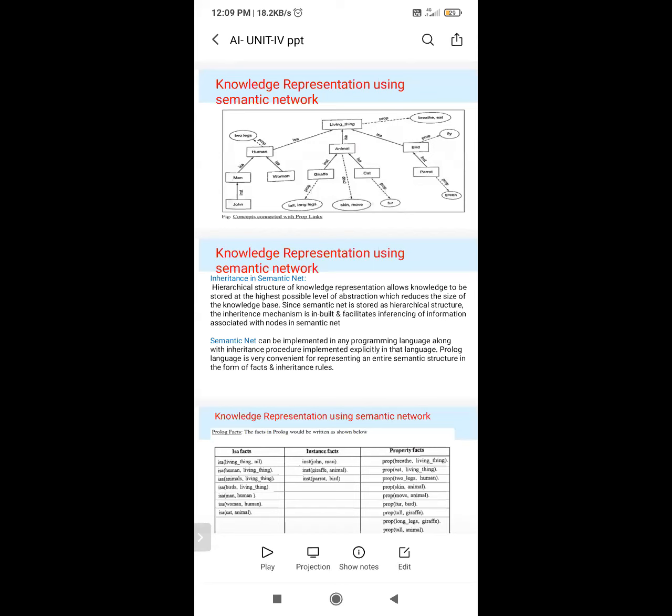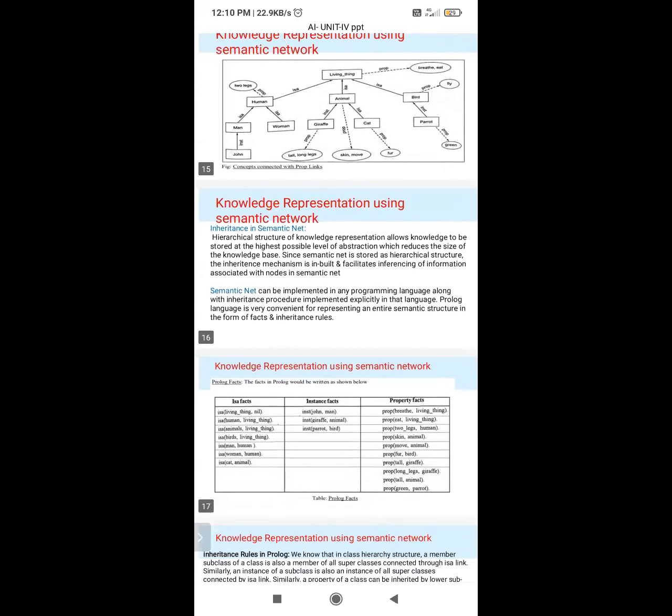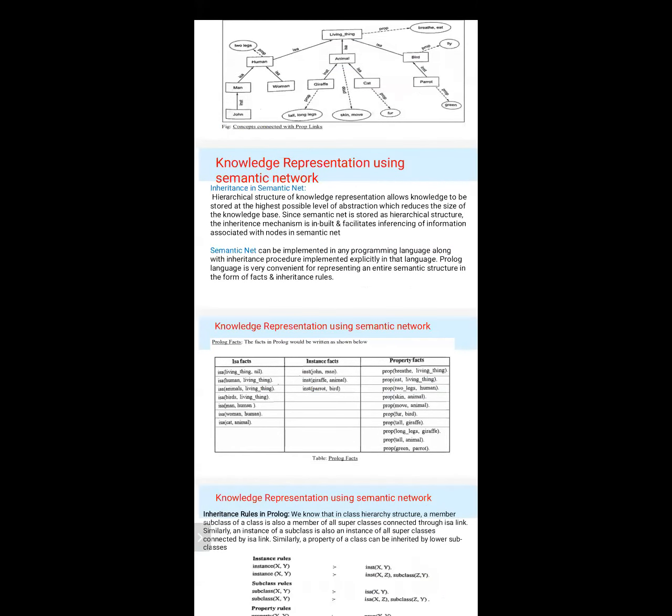The semantic net is stored as a hierarchical structure, and the inheritance mechanism is inbuilt and facilitates inferencing information. We can represent the semantic net in any programming language along with the inheritance procedure implemented explicitly in that language.